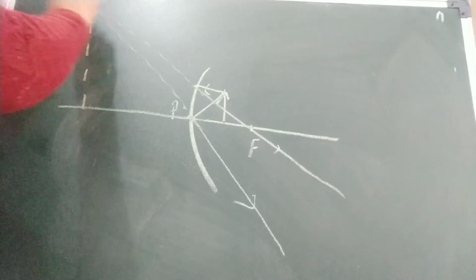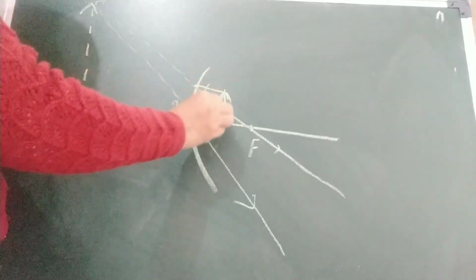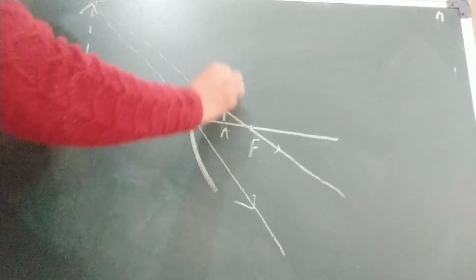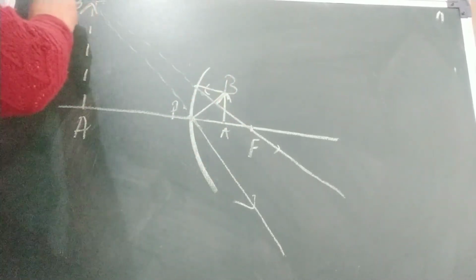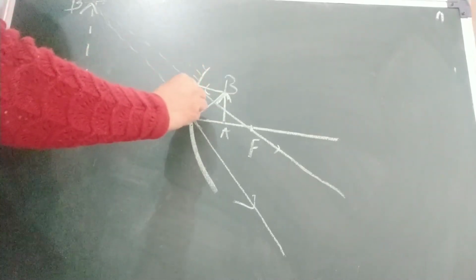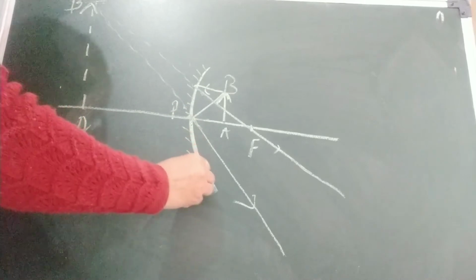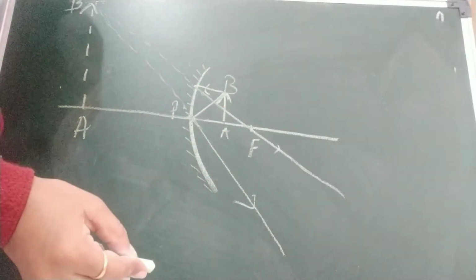The image is formed. You are seeing the image of this A and B is what? Erect image. How is it forming? It is forming behind the mirror. Like in our plane mirror we see, the same way we can see, but in a plane mirror we see an image of the same size.